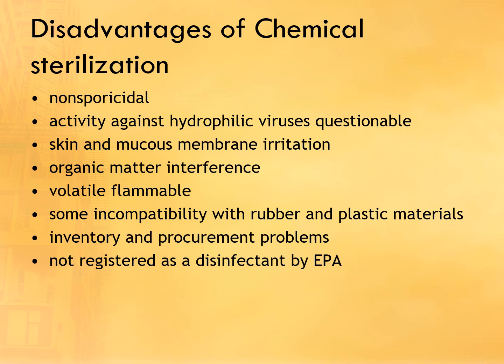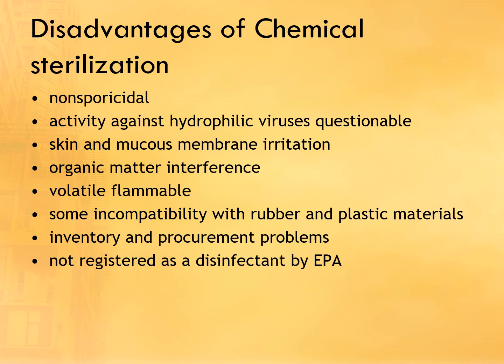Disadvantages of chemical sterilization: they are non-sporicidal, that is, they do not kill spores. They are effective against only the vegetative cells of bacteria and fungi, and they are active against hydrophilic viruses. They are irritant to skin and mucous membranes, and there is organic matter interference.